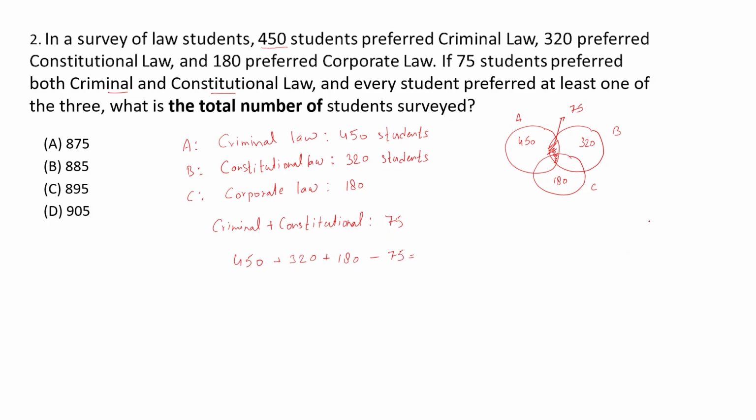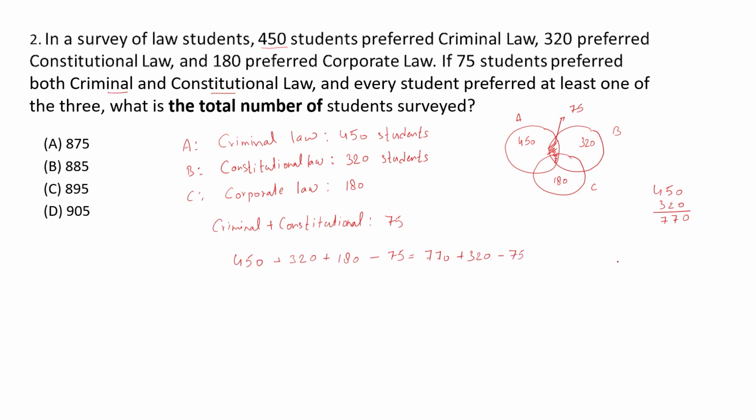Now you solve this problem. So first you add 450 with 320. What will you get? 0 and 0 is 0. 5 plus 2 is 7. 4 plus 3 is again 7. So this is 770 plus 320 minus 75.